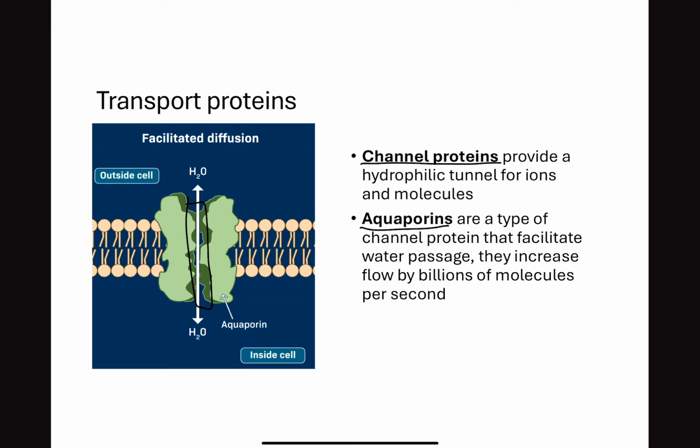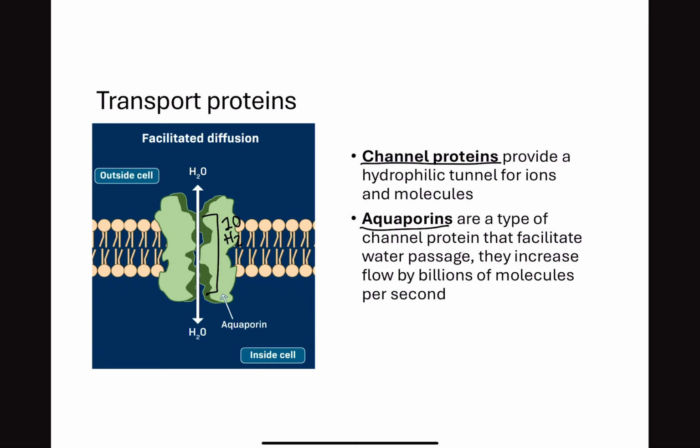And then we also have something called aquaporins. Aquaporins are a type of channel protein that allows for the passage of water through the membrane, and they allow for the entry of billions of water molecules per second. Those water molecules pass single file through the central channel, and it can fit 10 H2O molecules at a time.